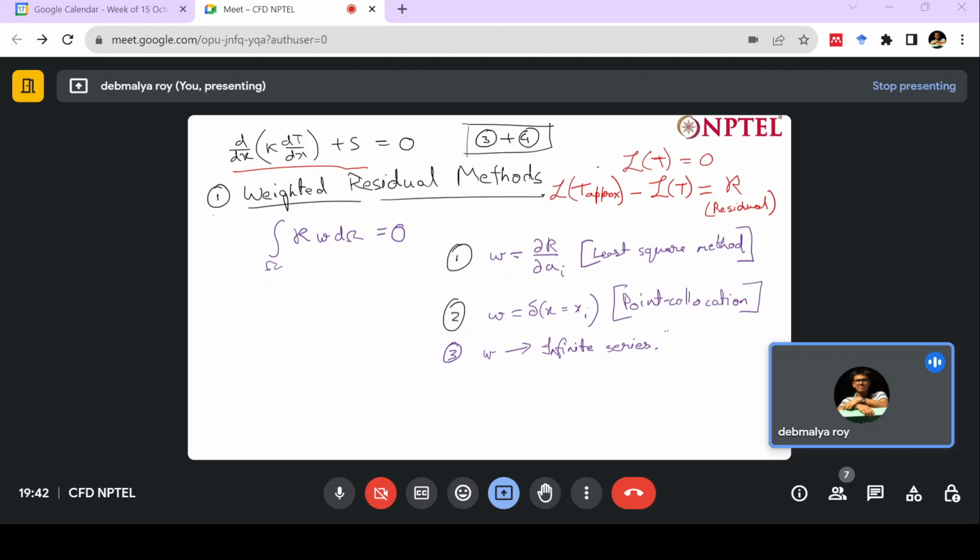So these are the spectral methods. Another method, the important one, is the Galerkin method.